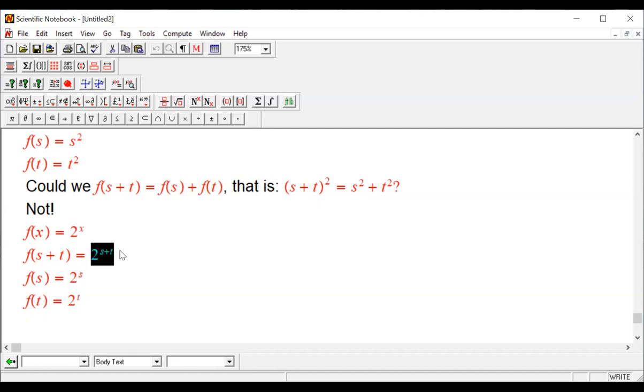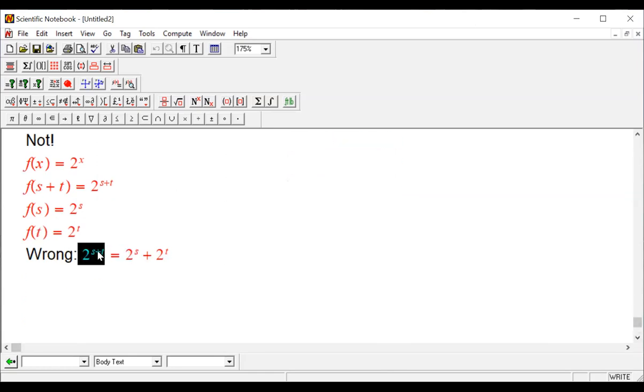Can we say that 2 to the power s plus t equals 2 to the power s plus 2 to the power t? Of course not, that's wrong. Because 2 to the power s plus t is 2 to the power s multiplied by 2 to the power t.